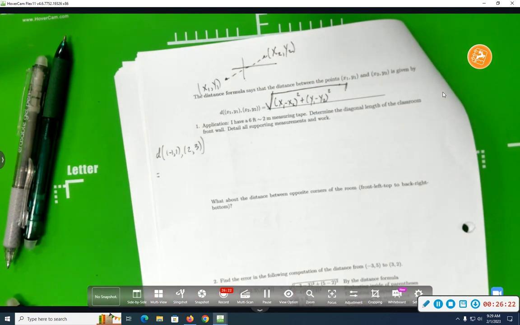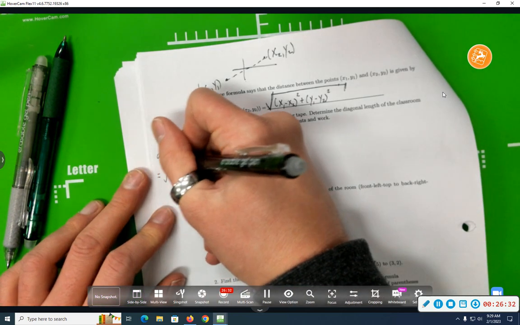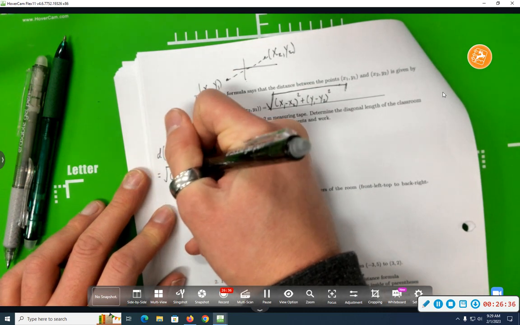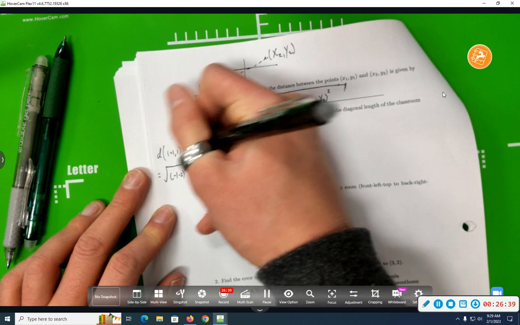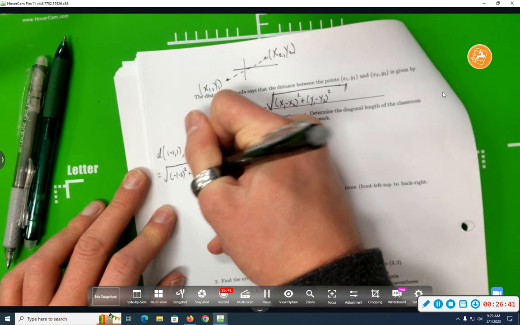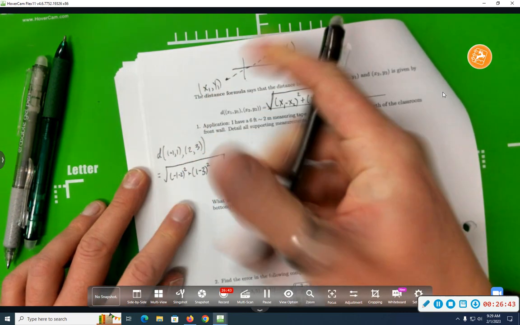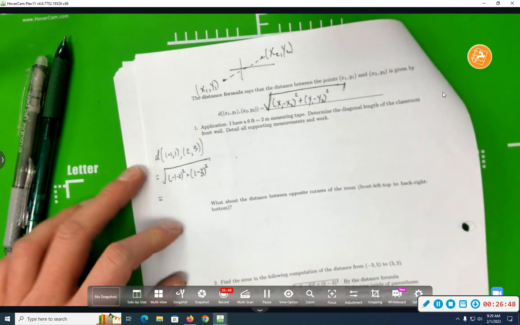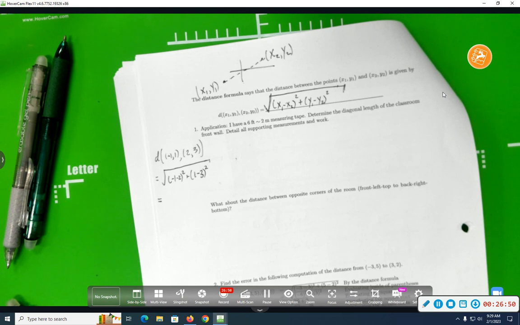So let's do that the two different ways. I'll use x1 minus x2 and y1 minus y2, and then we'll do the same in the opposite order. Square root of x1 minus x2, -1 minus 2, squared, plus y1 minus y2, 1 minus 3, squared. And let's see what we get. -1 minus 2 is -3.